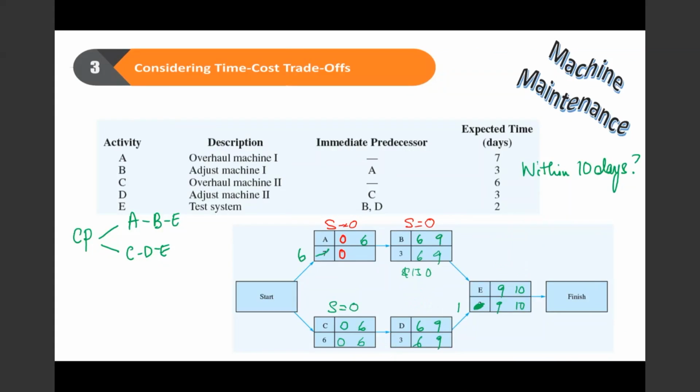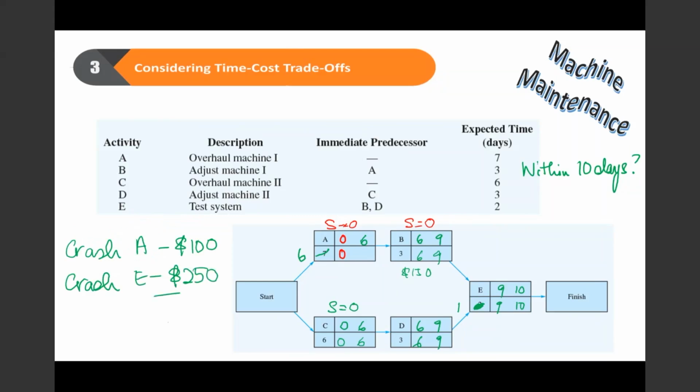Okay, so when you're actually drawing the path and not looking at the table, you should see that you should crash activity A and you crash activity E. So this is $100 and this is $250. So it adds to $350.